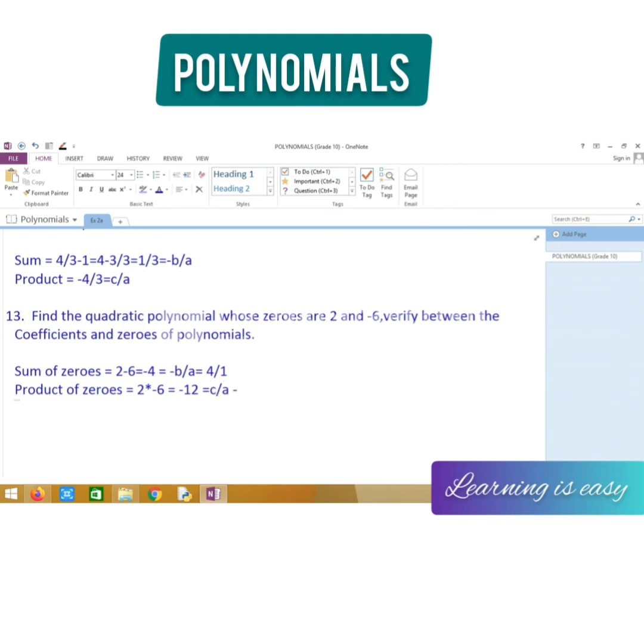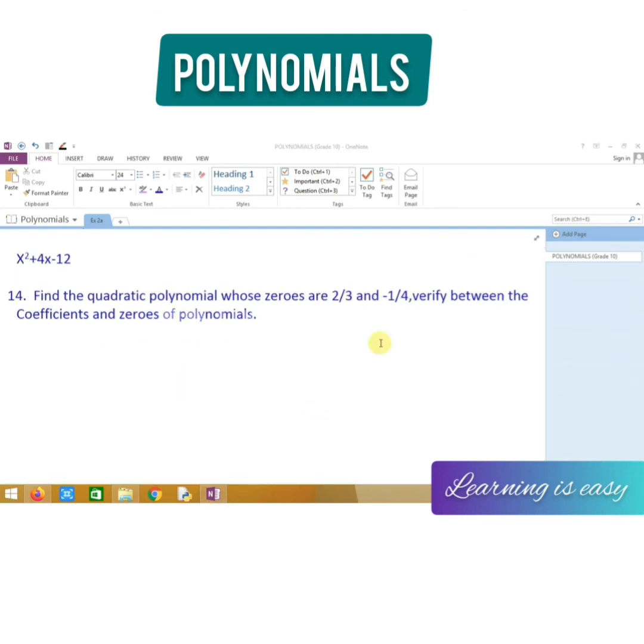So with this we can write the quadratic polynomial. As we know the coefficient of x square is 1, it's going to start this way: x square, and the coefficient of x is 4, so that's going to be 4x, and the constant value is minus 12. So the polynomial we have constructed is x square plus 4x minus 12.